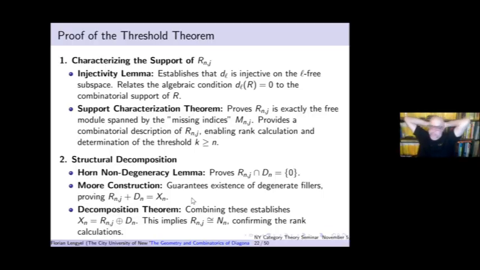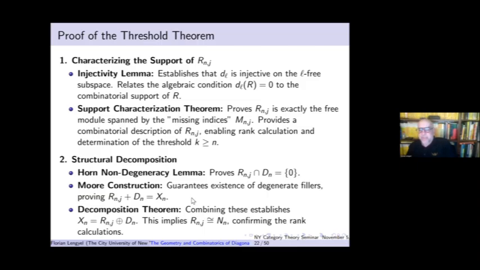That's going to be the case generally, and what you have is a support characterization theorem, which says that the Horn kernel is the free module spanned by the missing indices, or what I really mean is the coordinate tensors at the missing indices.